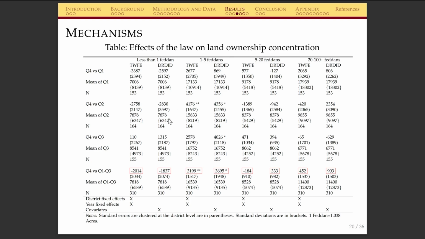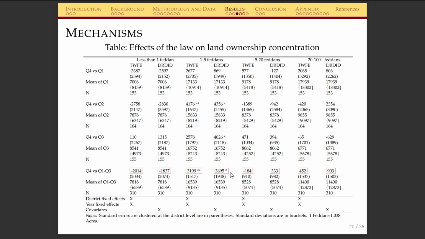Since the land will be free now to be transacted on the sales market, that could be an effect. What I'm finding is that there is a decrease in the very small plots, less than 1 fiddan. The sign is negative. It's not really significant, but suggestive of a decrease of the small plots. 1 fiddan is the unit of measurement in Egypt, and it's about 1 acre.